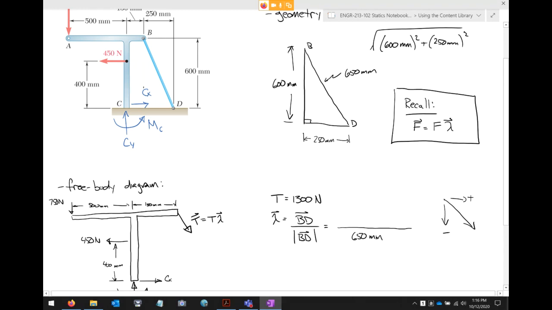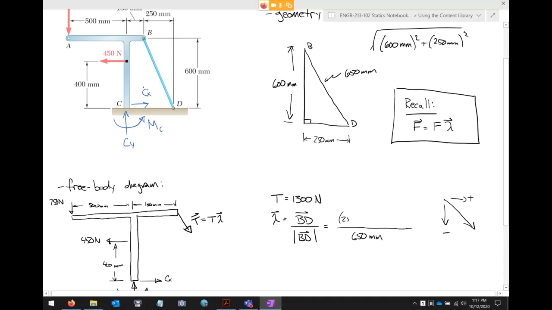Let's take it one step at a time. Somebody write vector BD for me. Remember, this is a vector, so it's going to be in i-j format. There we go, 250i and 600j.